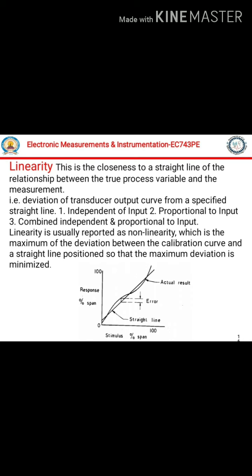Based on this, linearity is defined. If a rise in the input leads to a proportional rise in the output, meaning a delta change in the input leads to a proportional delta change in the output, then it is called linear. Or you can apply the pure mathematical definition of linearity.